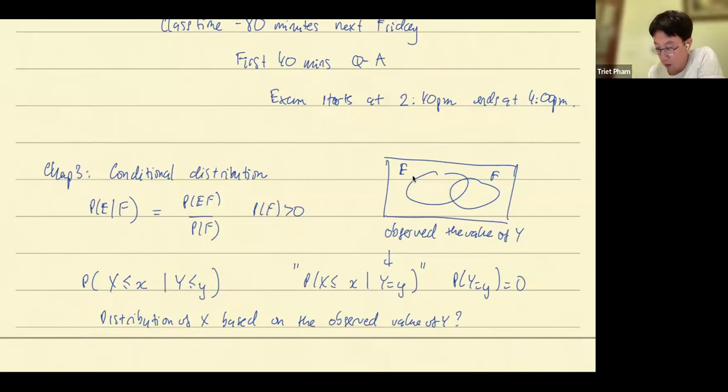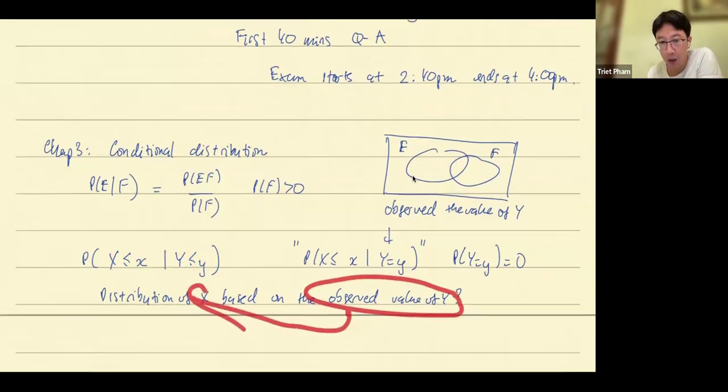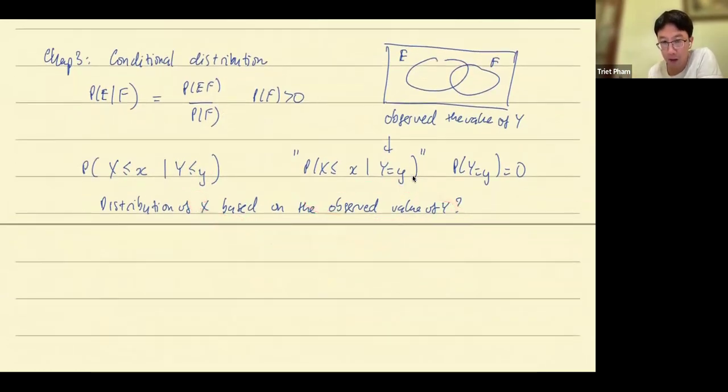But in general, if you observe y, it will change the likelihood of how you think of x. Therefore, the distribution of x will be influenced by the value of y. So in general, there's a concept of conditional distribution, and we write something like this: x conditioned on y.